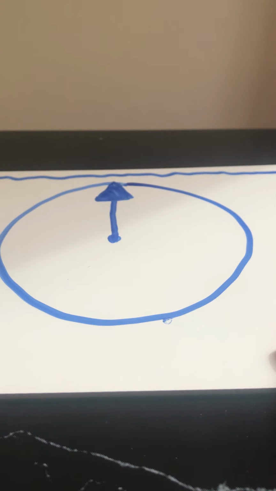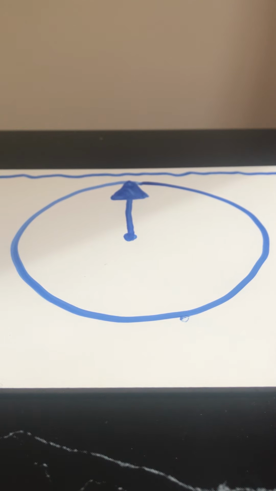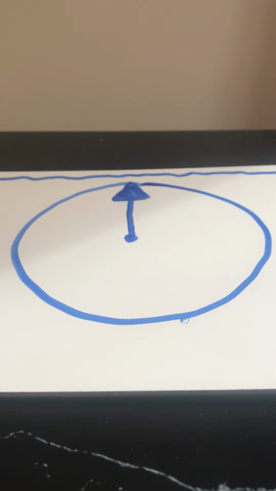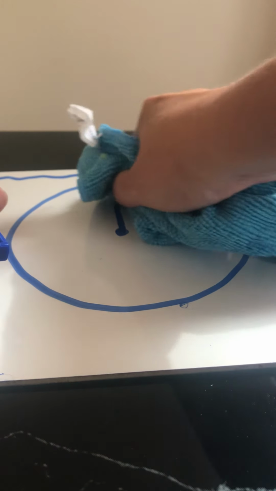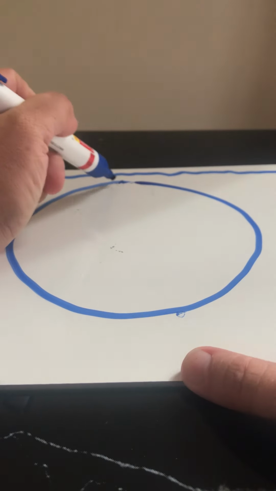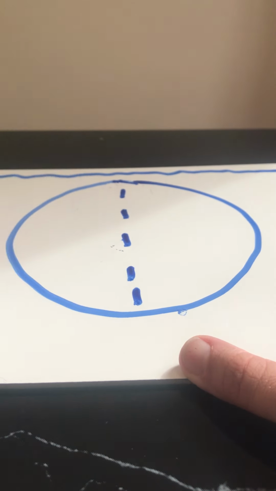But half turn, I'm only going to move halfway around this circle. Okay? So what you could do, it's like I did before, well, you could cut this circle in half. So you have an idea of where you're going to end up.